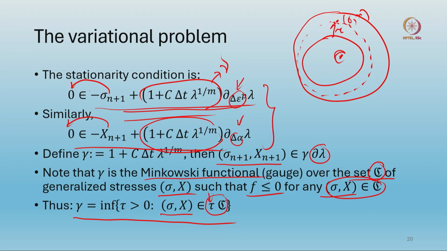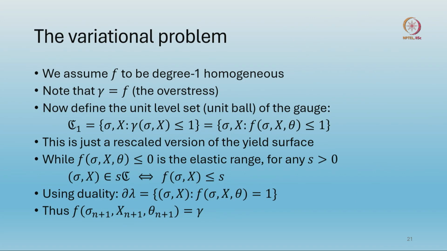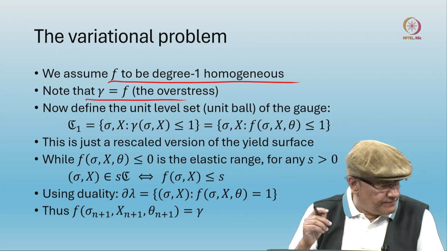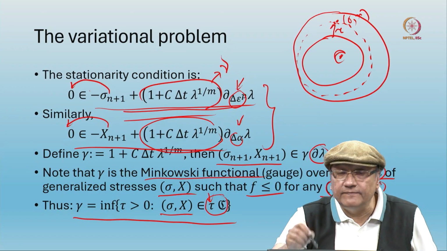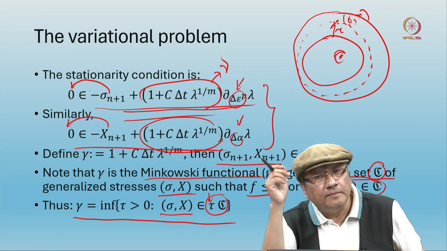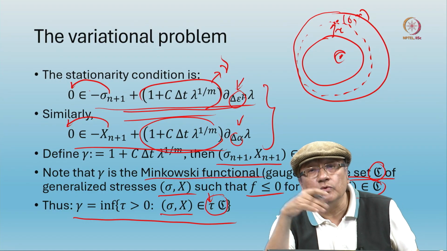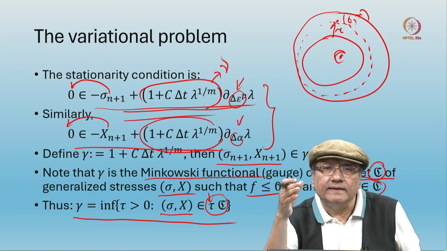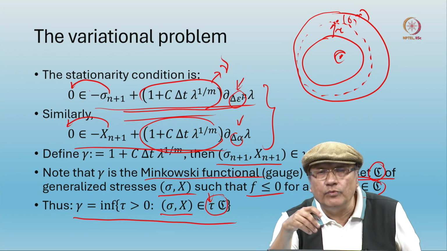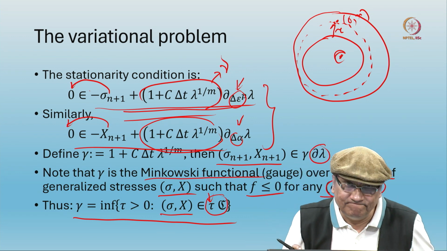So this is an important insight here. So basically we assume f to be degree 1 homogeneous. We have already seen that gamma is basically equal to f, the overstress. Now there is no guarantee how much the value of tau will be, but for ease of implementation we can always normalize things in such a way that tau will always be equal to 1.